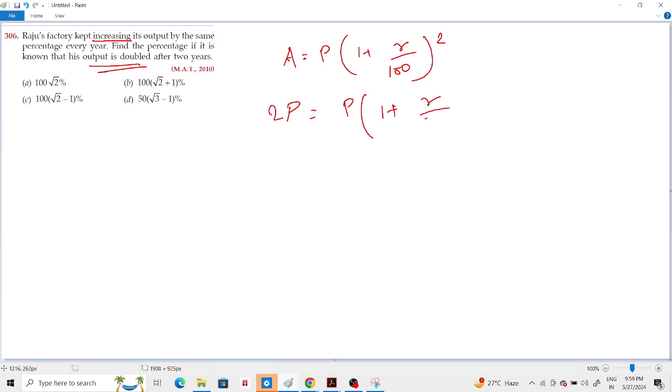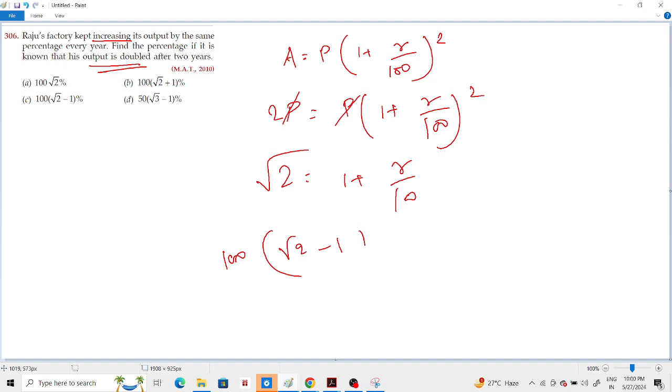P and P get cancelled out. The square root goes over there, r by 100, so this becomes root 2 minus 1 and then 100. That's it. This is the simplest sum you can have.